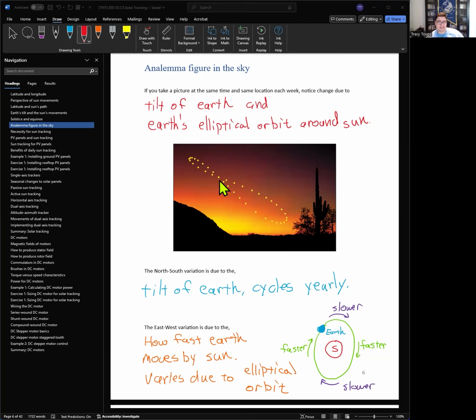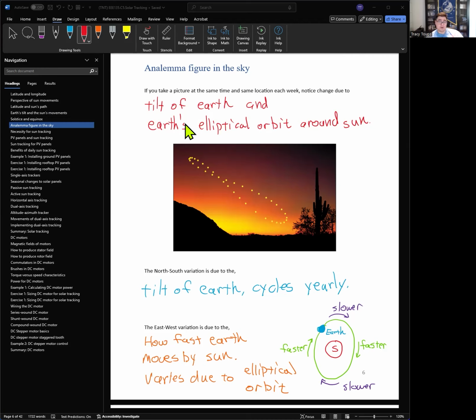And you can see that the sun changes its position throughout the year, right? And that's a pretty drastic change, right? That shows you the different arcs that happen between the winter and summer months and other things as well. So if you take a picture at the same time, the same location each week, notice that there's a change to where the sun's location is at that exact point due to 2 things.